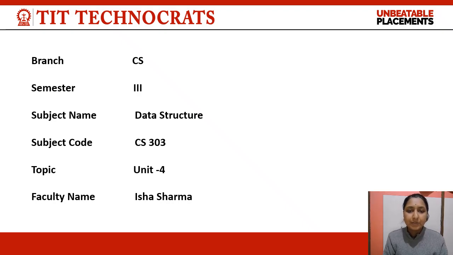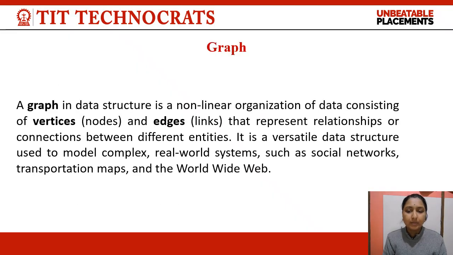My name is Isha Sharma, and today we are going to discuss Unit 4, graph, of data structure. Coming to our first slide, that is a graph. Basically, a graph in the data structure is a non-linear organization of data consisting of vertices and edges.